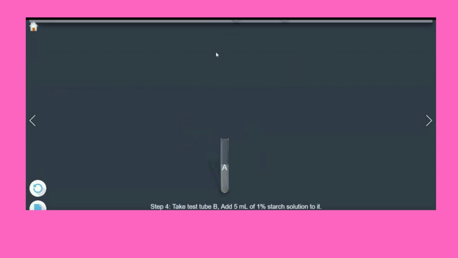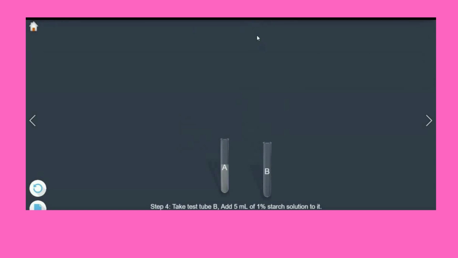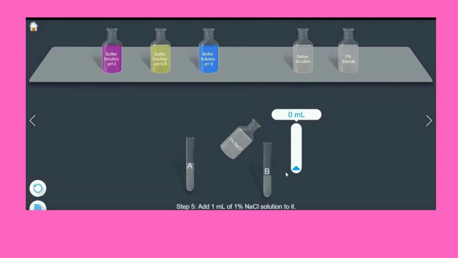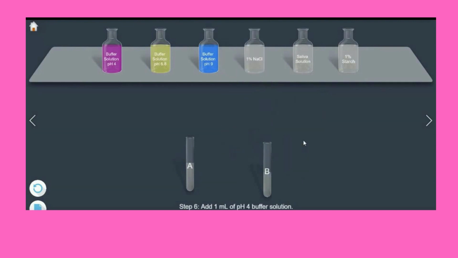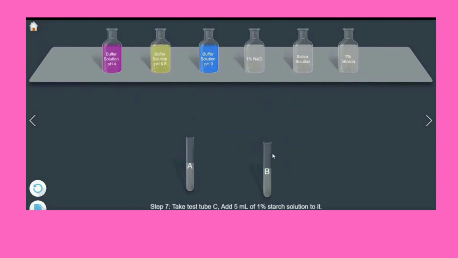Next, in set B, we take 5 milliliter of 1% starch solution, 1 milliliter of 1% NaCl and 1 milliliter of buffer solution of pH 4. This is set B.